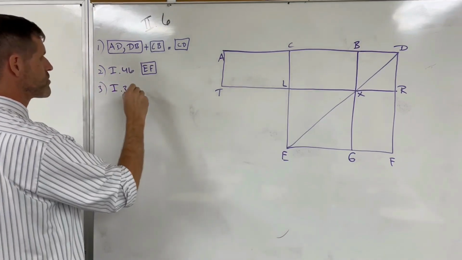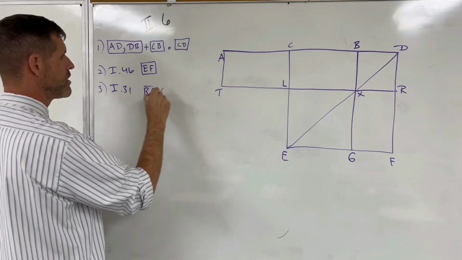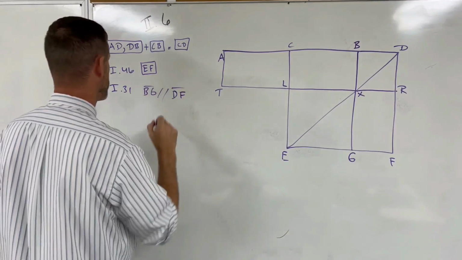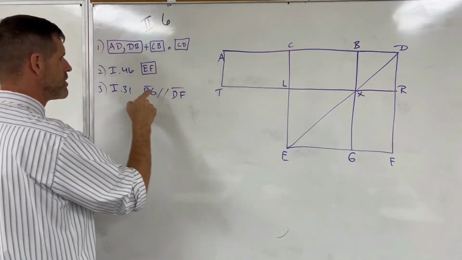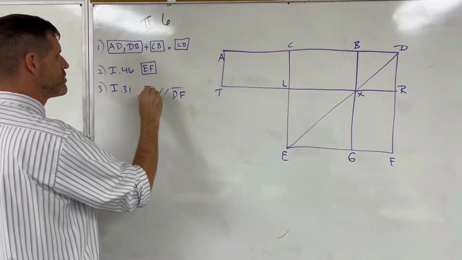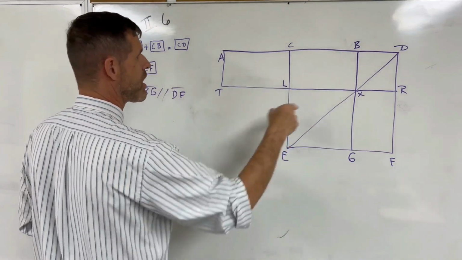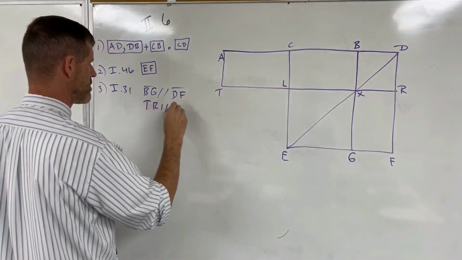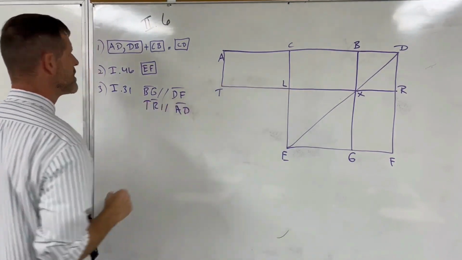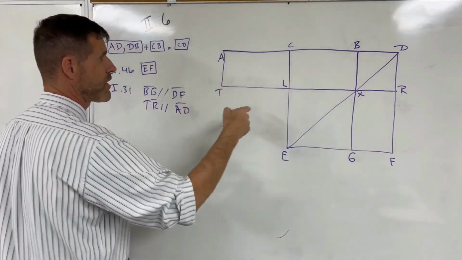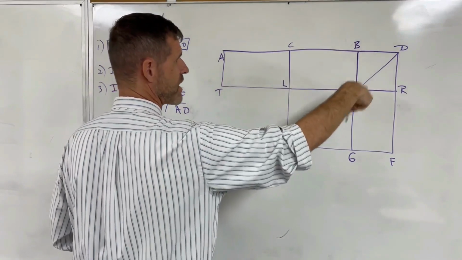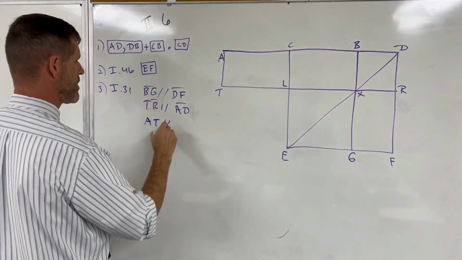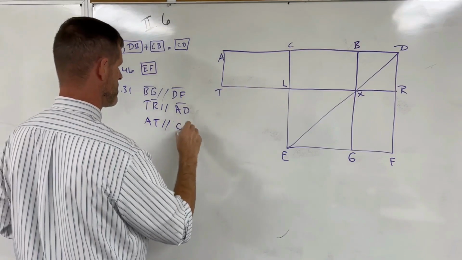So we drew BG parallel to, let's say, DF. We drew TR parallel to AD. And then we drew AT parallel to CL, BX, and DR. So AT is parallel to CL.